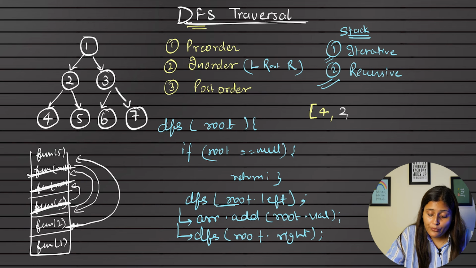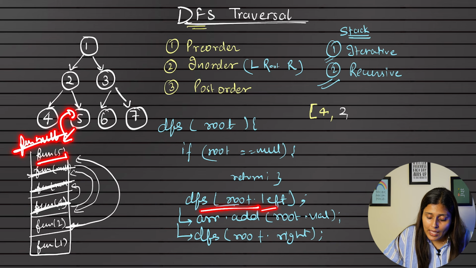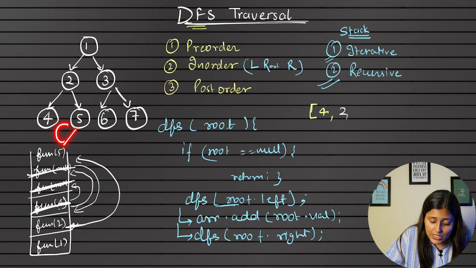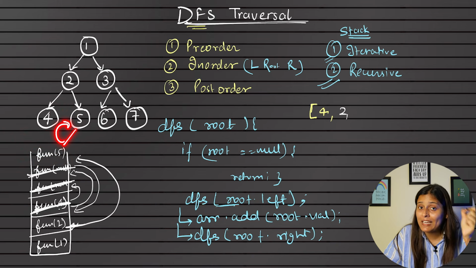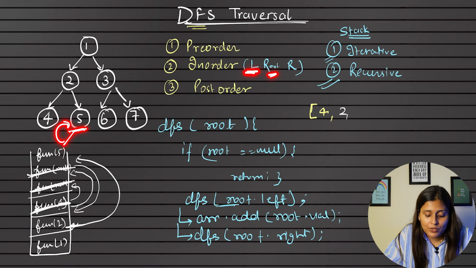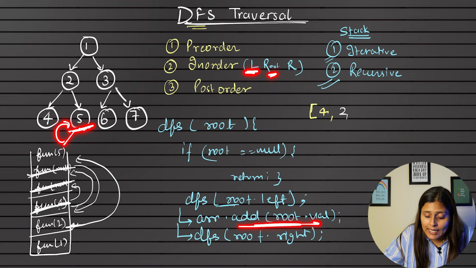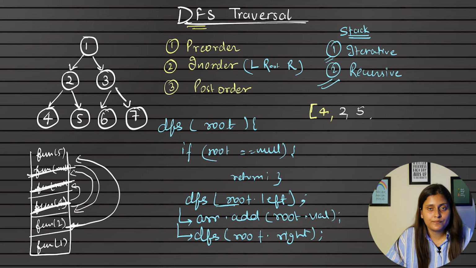Done. Now again for 5 also left will get called, correct? Function left, again it will get returned back to 5. And now when 5's left call has returned, can I say left has been returned? Now it's time for root, which is 5. So again in the array we will add 5. Done.